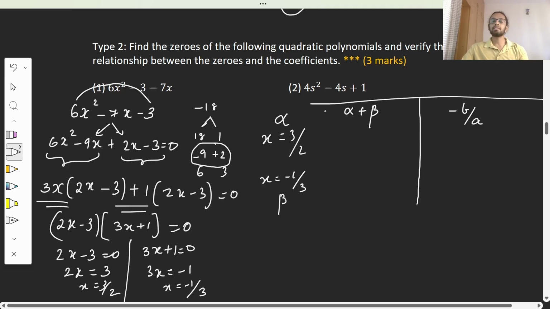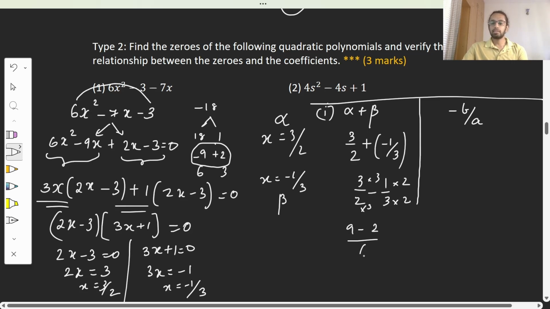Now, this is the first step of verification. Alpha is 3 by 2 as we have got, and beta is minus 1 by 3. Now plus into minus becomes minus, and we need to take the LCM over here, 2 times 3, and then we get 9 minus 2 by 6, which is 7 by 6.